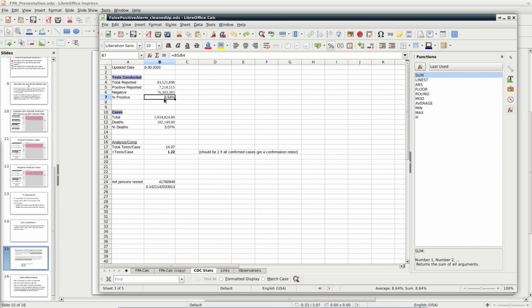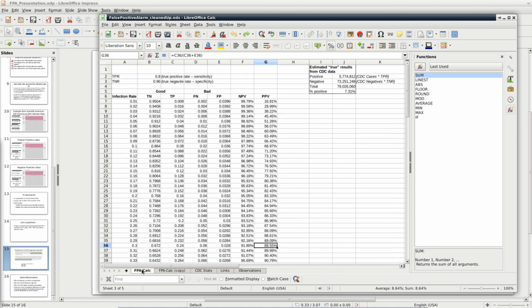So are we to interpret this as a ballpark estimate of the actual infection rate? If 8.6% of the tests are positive, is that close to what the true infection rate is?